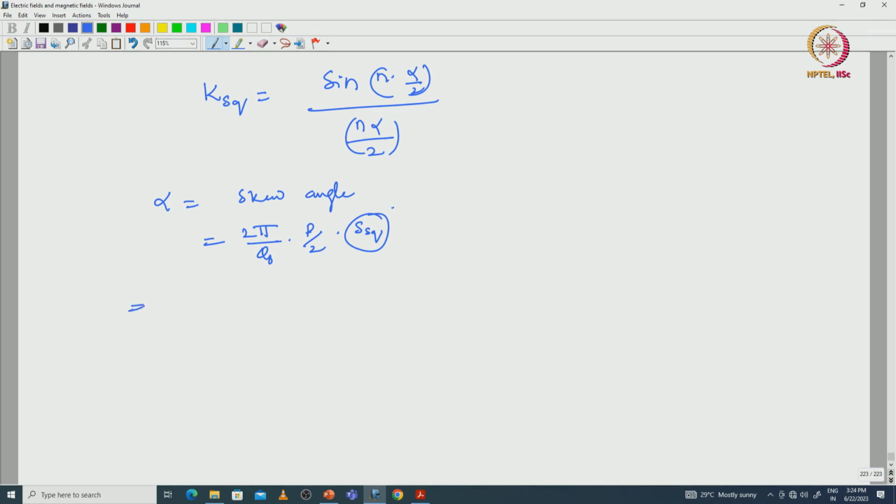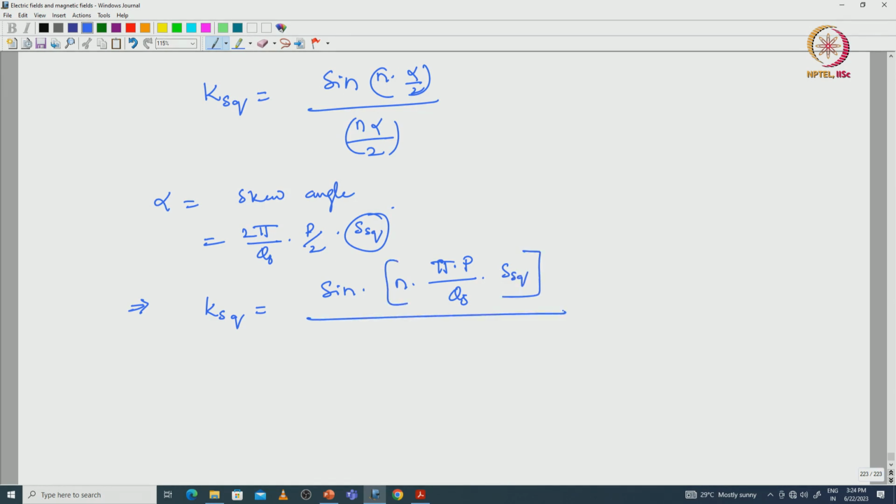Then the final skewing factor Ksq is equal to sin of the order of harmonic n into pi into p divided by Qs into SSQ.